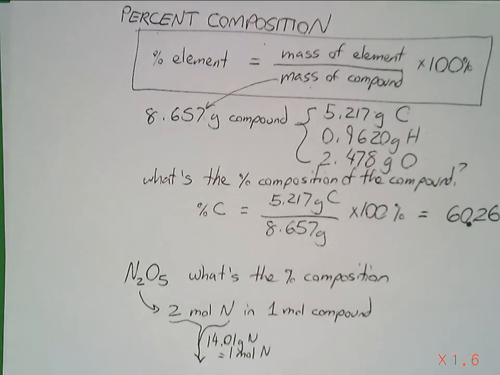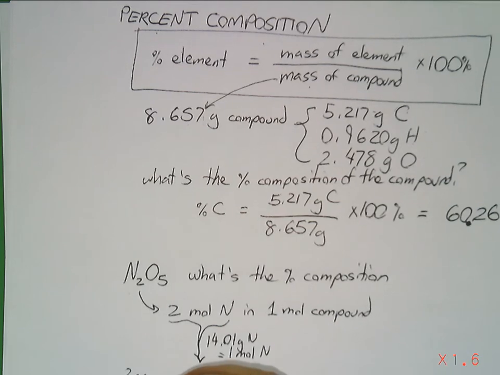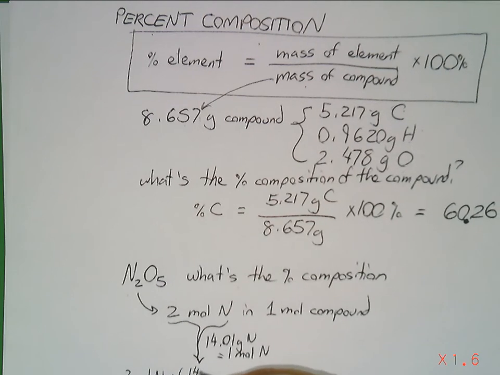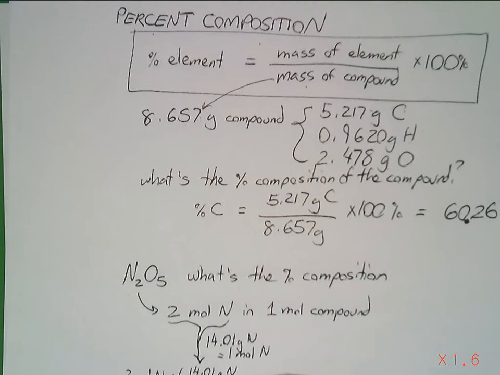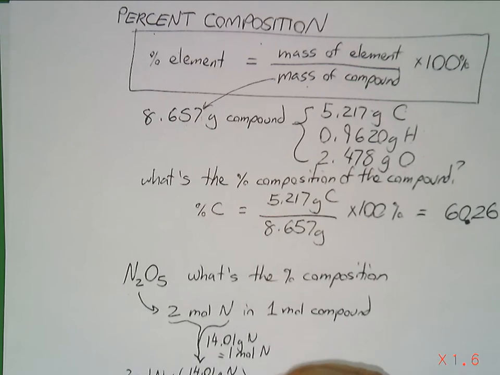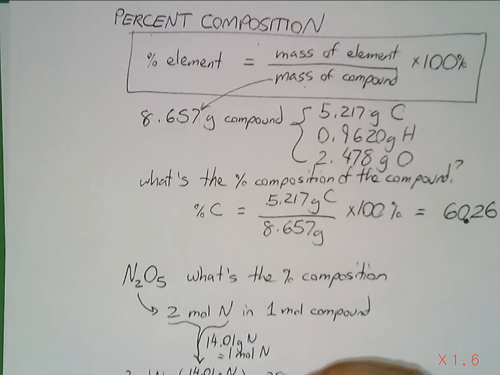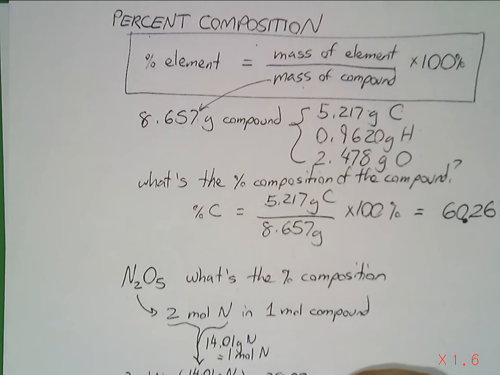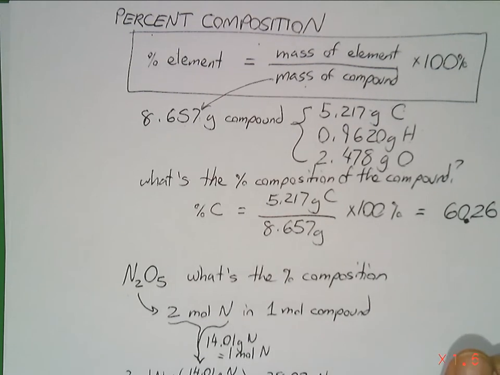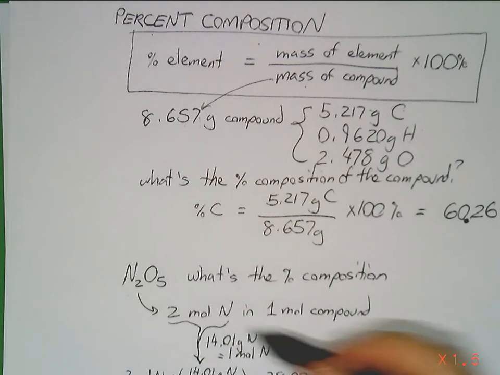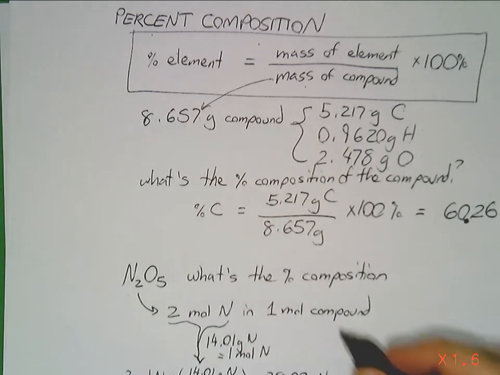So how do I figure out how many grams that is? 2 moles of nitrogen times 14.01 grams of nitrogen per 1 mole of nitrogen equals what? 28.02, right? So there I got how many grams of nitrogen I have in the compound.